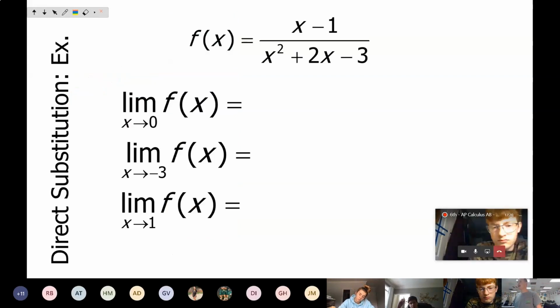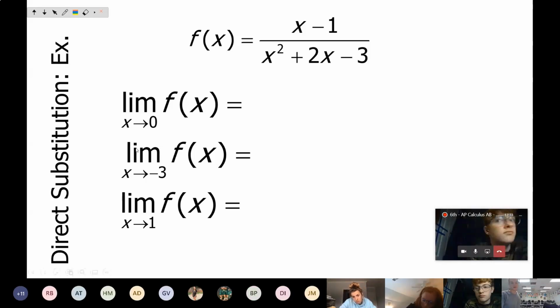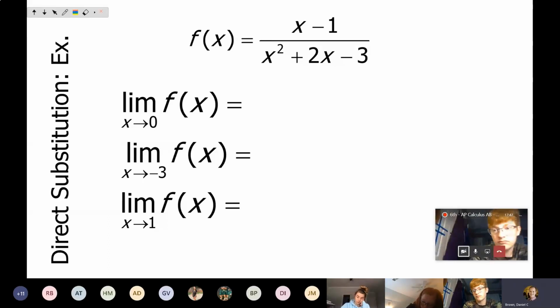So I've picked out a rational expression. I have f of x is equal to x minus 1 over x squared plus 2x minus 3. And I want you to find the limit of these by plugging in that value. And so what I mean by that is we are going to plug in 0, then plug in -3, and then plug in the 1.